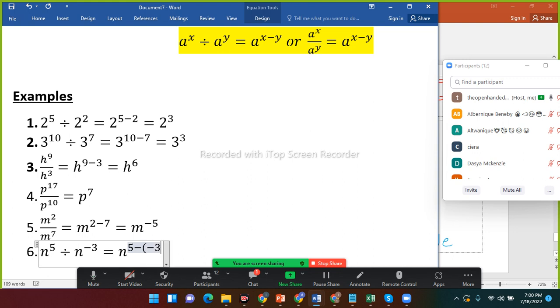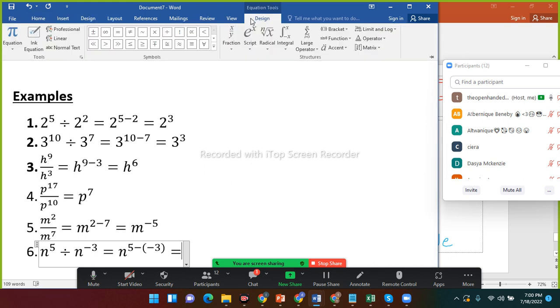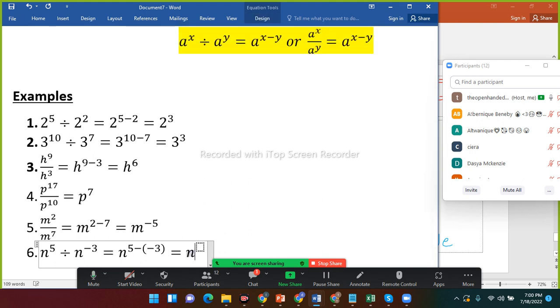So that means it's going to be equal to n to the power of, this one is a little tricky, n to the power of 5 plus 3, and so that gives us n to the power of 8. So be careful with those last two.